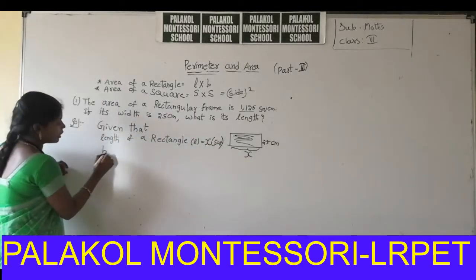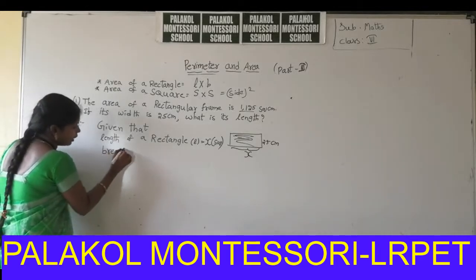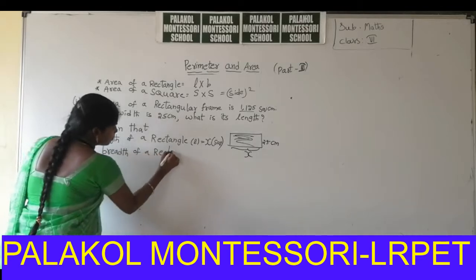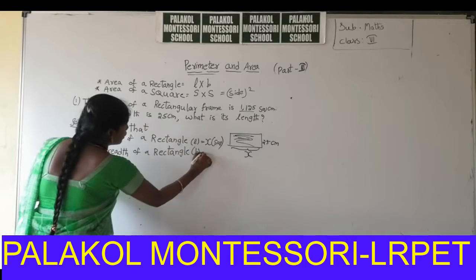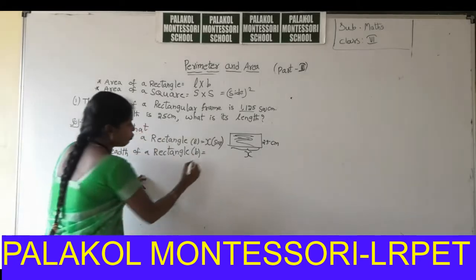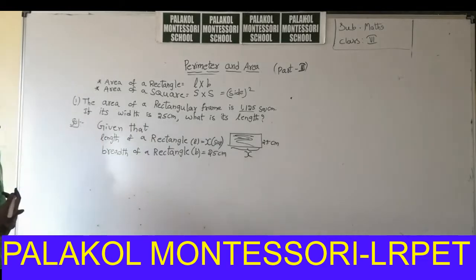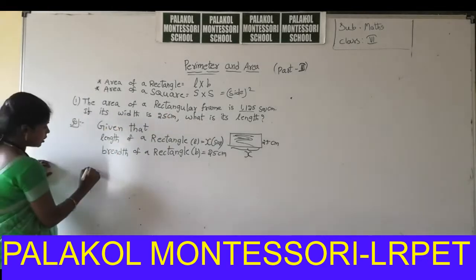Next, breadth of a rectangle, that is nothing but width also. So breadth of a rectangle is equal to, that is nothing but b. What is breadth? 25 centimeters.